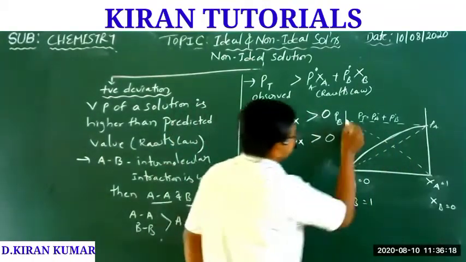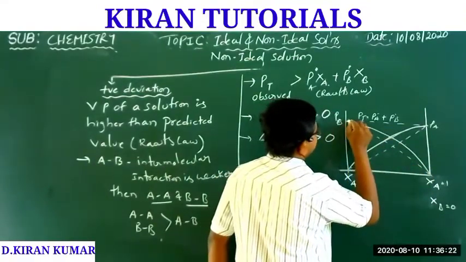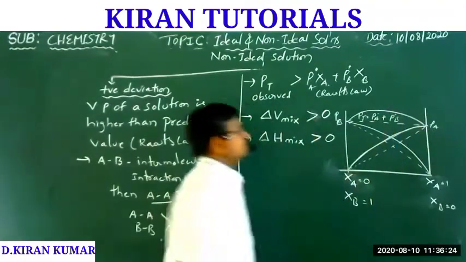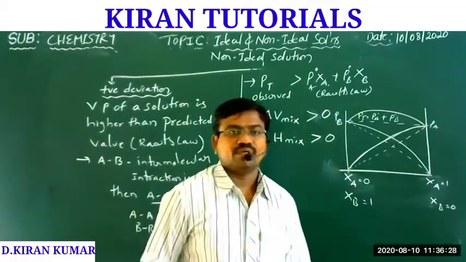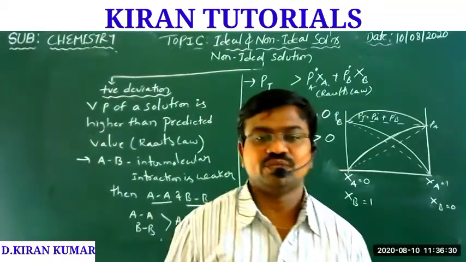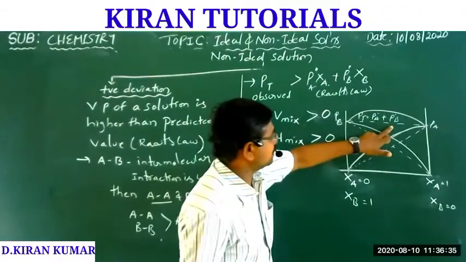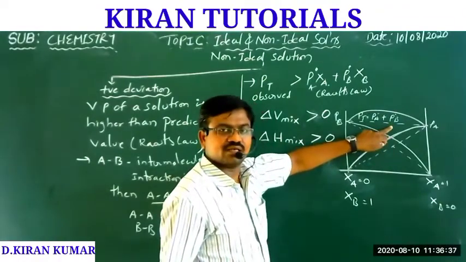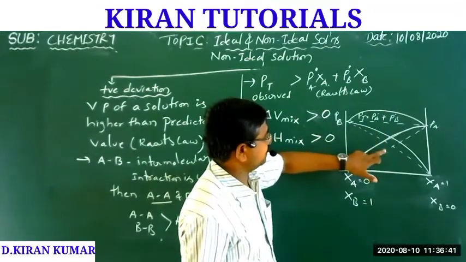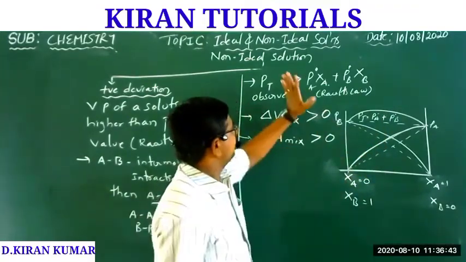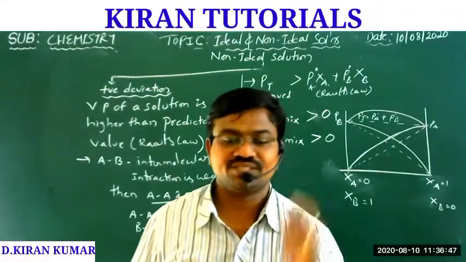This is the graph for non-ideal solutions with positive deviation. It is more than predicted. The predicted pressure from Raoult's law is from calculation, but the observed pressure is more than predicted. So that's why it is called a non-ideal solution with positive deviation.